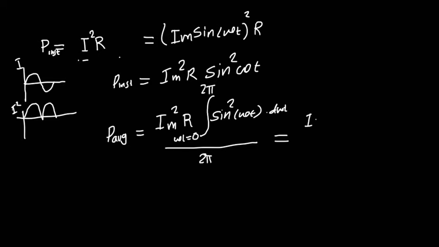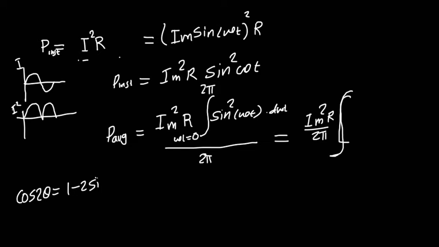Therefore, Im square R by 2 pi into the integral of sine square theta. What is the equation of sine square theta? Cos 2 theta is equal to 1 minus 2 sine square theta.